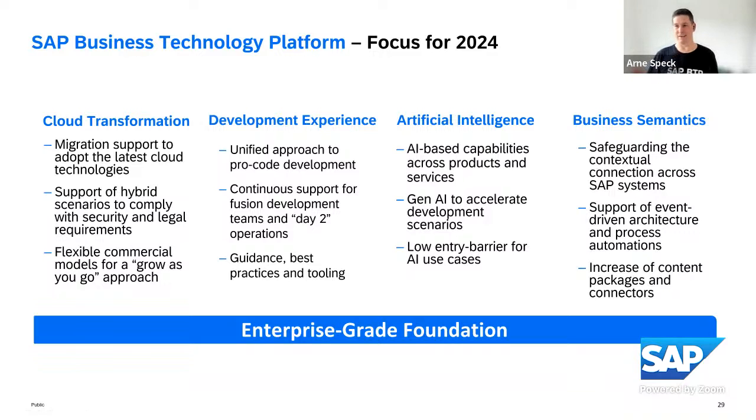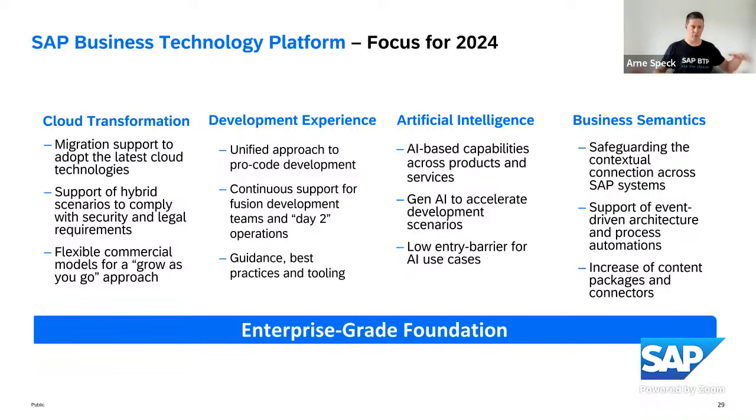Last slide, Tania, I see that you are already a little bit nervous, is about the focus areas we see strategically for 2024. On the one hand, we are trying to support our customers to come from their on-premise landscapes to the cloud. Especially that's interesting for example for our PIPO customers.